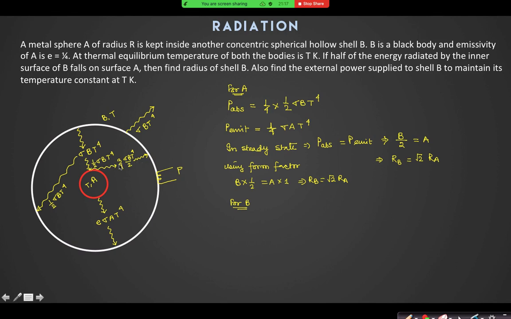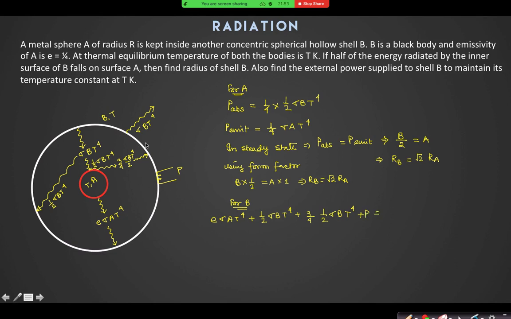Whatever power you supply, this body takes completely. So the power falling on it is E sigma A t power 4, plus half of sigma B t power 4, plus 3 by 4th of half sigma B t power 4. All these powers are falling on it in addition to the power supplied P.